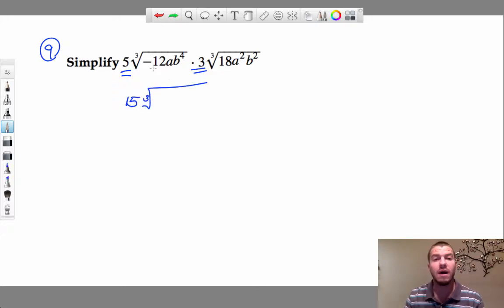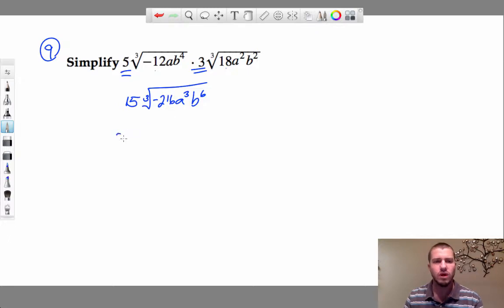And then you multiply what's on the inside, and it's going to be negative 12 times 18, which is negative 216. A times a squared becomes a to the 3rd, and b to the 4th times b squared becomes b to the 6th. Remember, when you're multiplying, you add the exponents; the coefficients I multiplied.